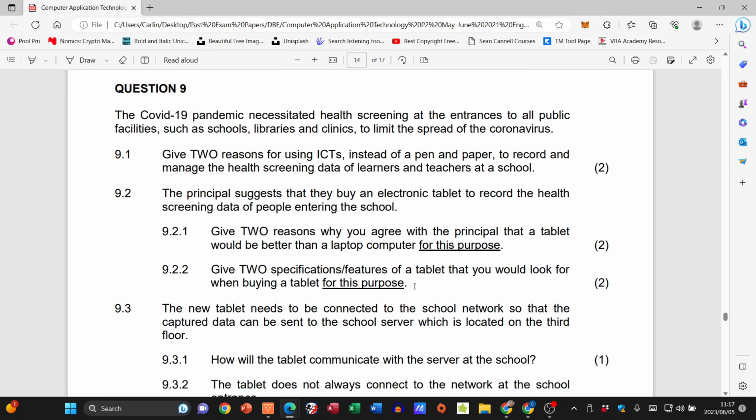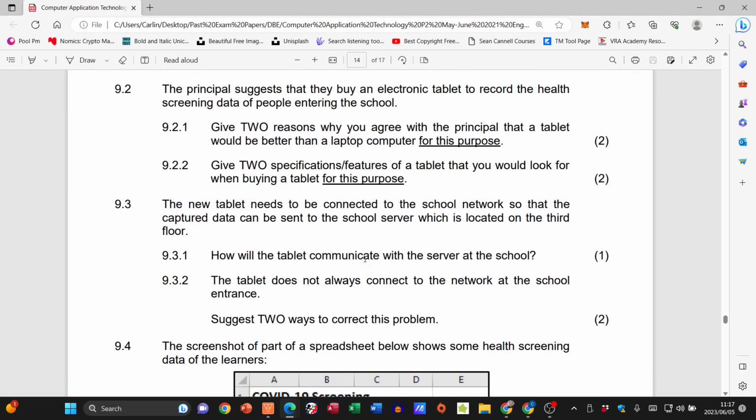No. Does it need 32 gigs of RAM? No, it doesn't. Right? So what are you going to be looking at? You're going to be looking at the battery life, the screen size. You're going to be looking at a decent amount of RAM, the CPU, whether it can connect to cellular or Wi-Fi. Right? Those are some of the specs that you are going to be looking at.